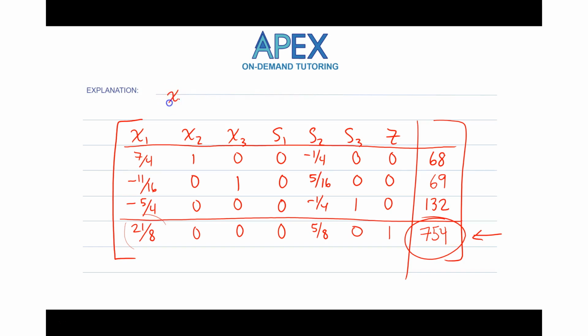This tells us that x1, which is the number of bag A that we have to create, is actually 0. Okay? Because we're looking for a 1 in this column to correspond to number of bags in this column and profit right here.